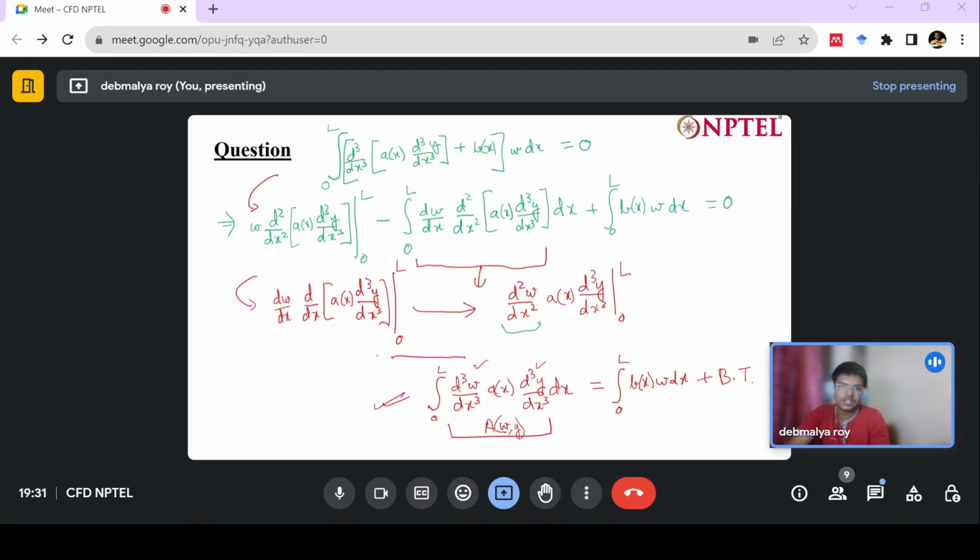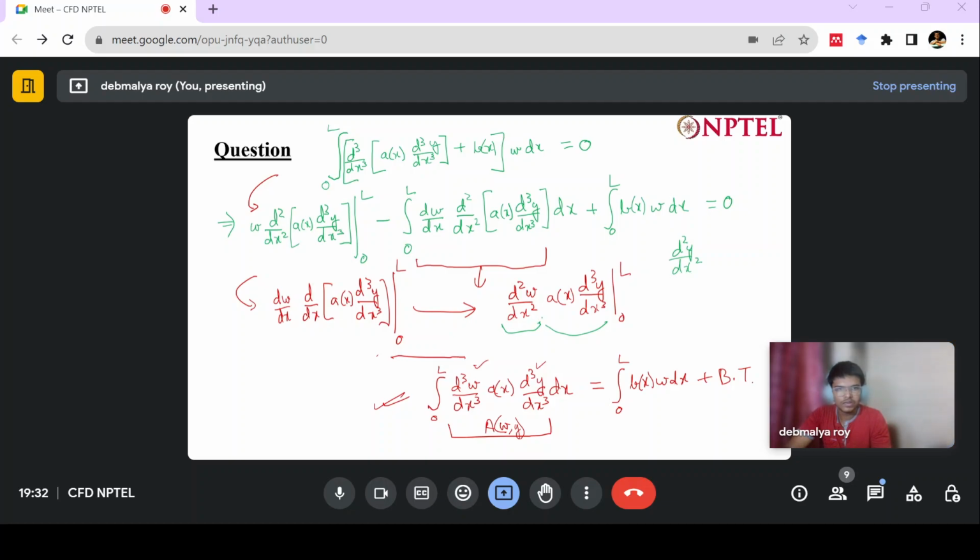If this term is there, then what is the primary variable for this boundary term? Your primary variable is d2y. Correct. Your secondary variable is this A x d3y dx3. Okay, is this understood now?